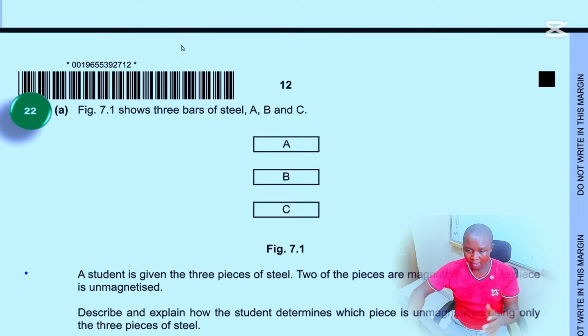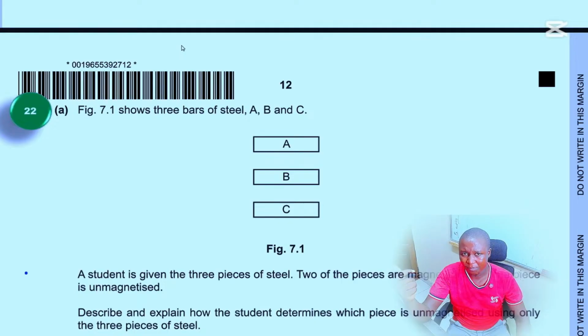The concept of magnetism. Under magnetism, you need to understand how to define magnetic materials and non-magnetic materials. Magnetic materials are those which are attracted by magnets, and non-magnetic materials are those which are not attracted by magnets.